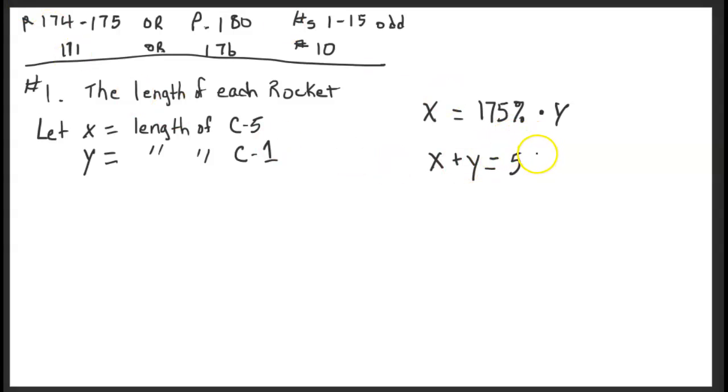There we go. 550 feet, okay? Now that first equation, now that I see what I've got here, I could go ahead and change that to 1.75. If you don't understand how 175% can convert to the decimal 1.75, with your parents' permission, look it up on YouTube, how you convert percent to decimal, okay?